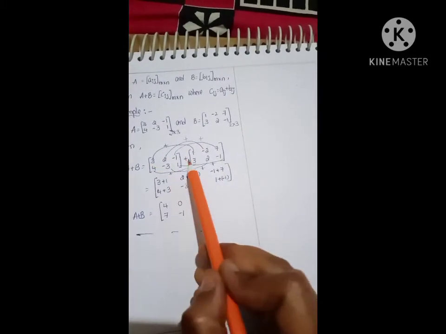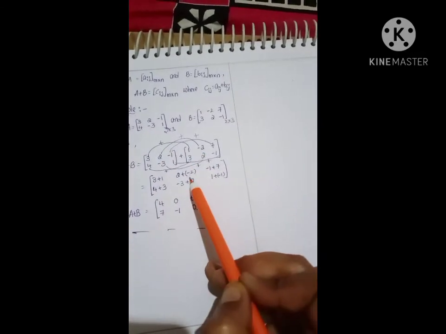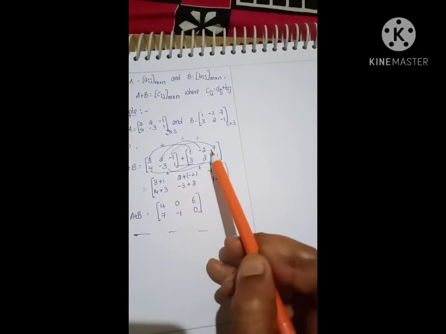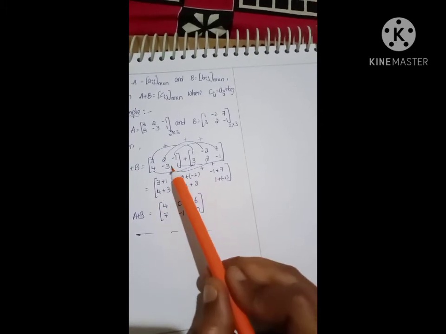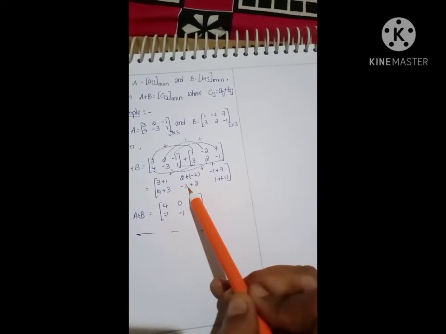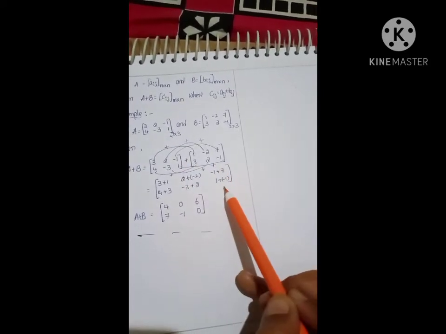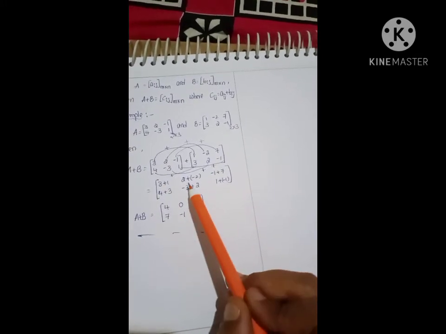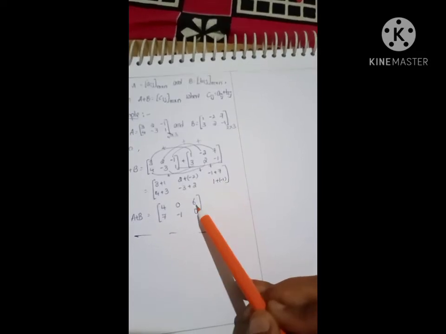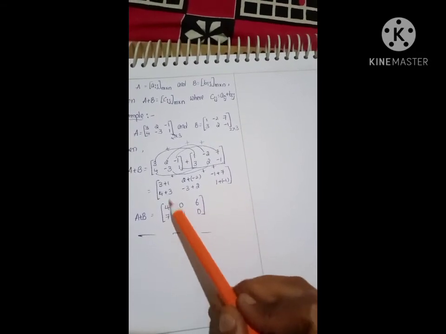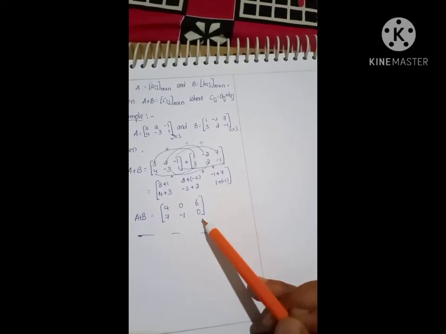See, 3 plus 1, 2 plus of minus 2, minus 1 plus 7, 4 plus 3, minus 3 plus 2, 1 plus of minus 1. Okay, 3 plus 1, 4. 2 minus 2, it will get 0. Minus 1 plus 7, 6. 4 plus 3, 7. Minus 3 plus 2, minus 1. 1 minus 1, it will get 0.